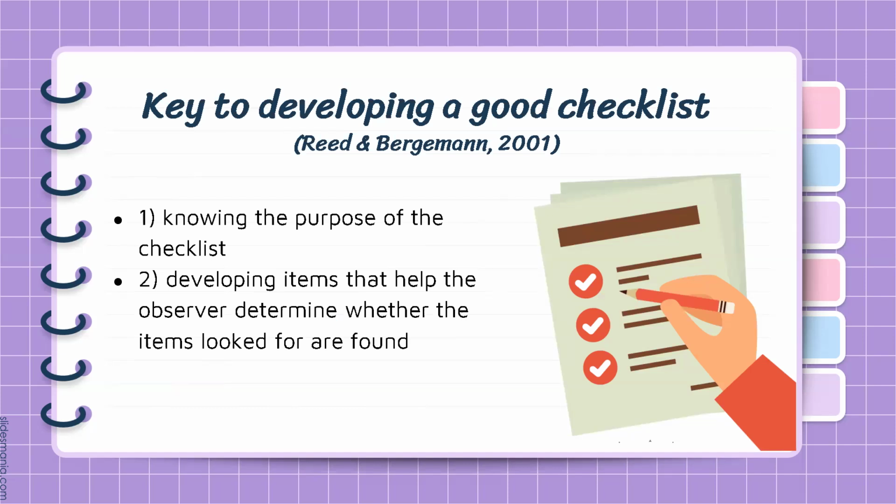The next key point is developing items that help the observer determine whether the items looked for are found. In other words, when constructing items or statements in your checklist, you have to make sure that these statements or items match with your purpose and will truly help you in documenting or evaluating the characteristics, attributes, or behaviors you are trying to observe.